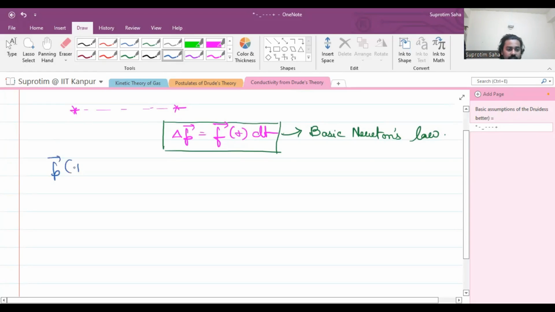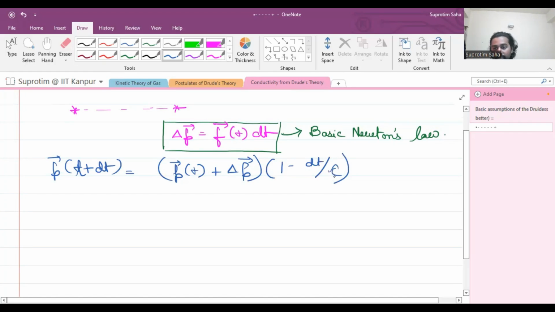P of t plus dt is given by P of t plus the additional momentum because of the applied force, weighted by the probability that the electrons have not undergone a collision, since only the fraction that has not undergone a collision contributes. Okay, so this can be written as P of t plus F of t dt, all multiplied by 1 minus dt over tau.